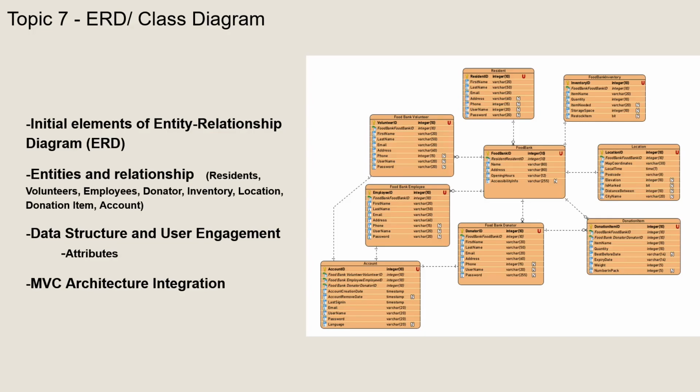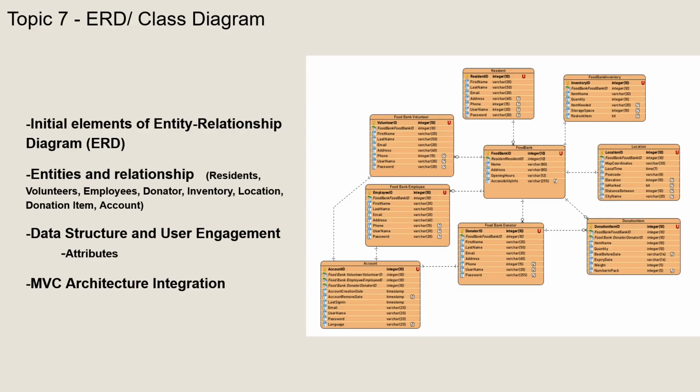Next, I'm going to explain how it links with the MVC architecture. The ERD is not only the blueprint of the database, but it also plays a crucial role in the MVC architecture. Why?